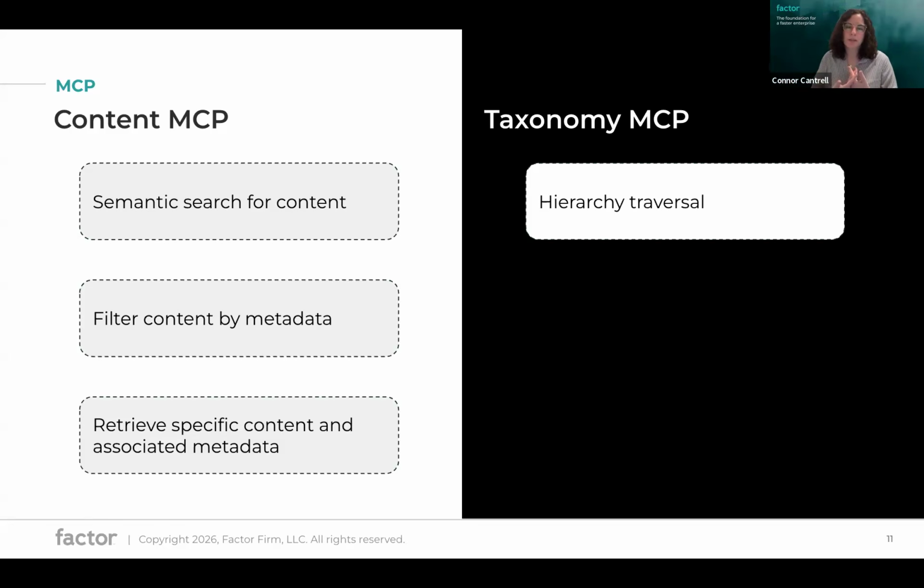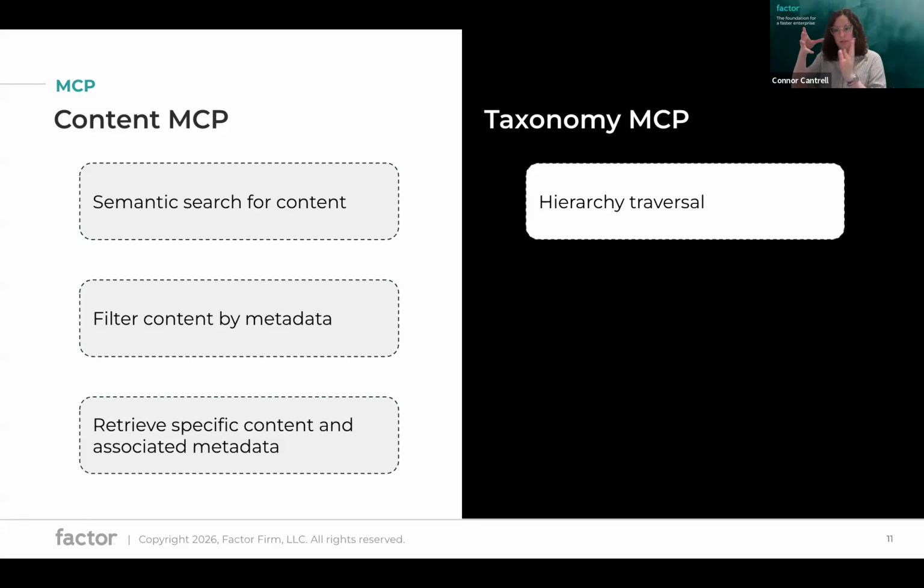Both house important tasks to making content interpretable to an agent, so why are they separate? Well, if the content and taxonomy MCPs were rolled into one, then content would also have to own taxonomy updates, and it would be much harder to provide only taxonomy data to maybe some of those agents who don't need the content part of the data. Our MCP environment then reflects the actual organization of the business.